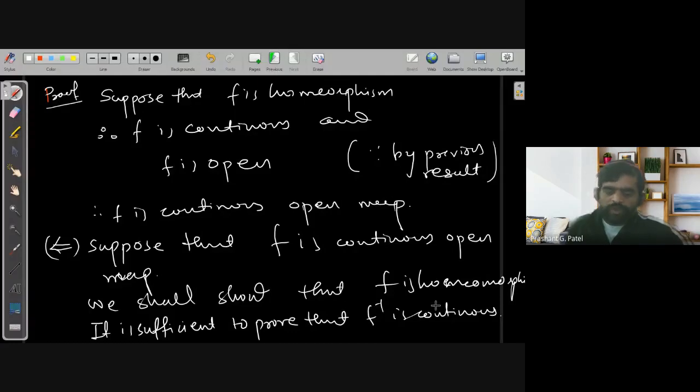So how to prove that f inverse is continuous? It is a map from x2 to x1, so I have to start with an open set in x1 and prove that its inverse image will be open in x2.